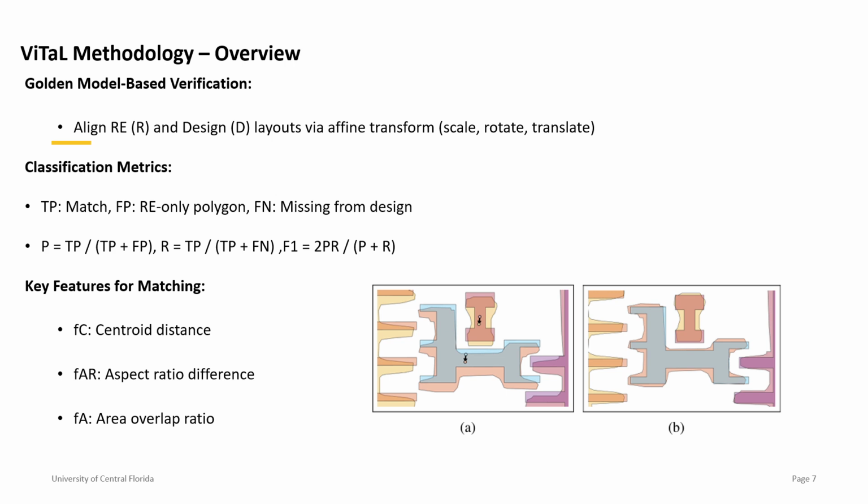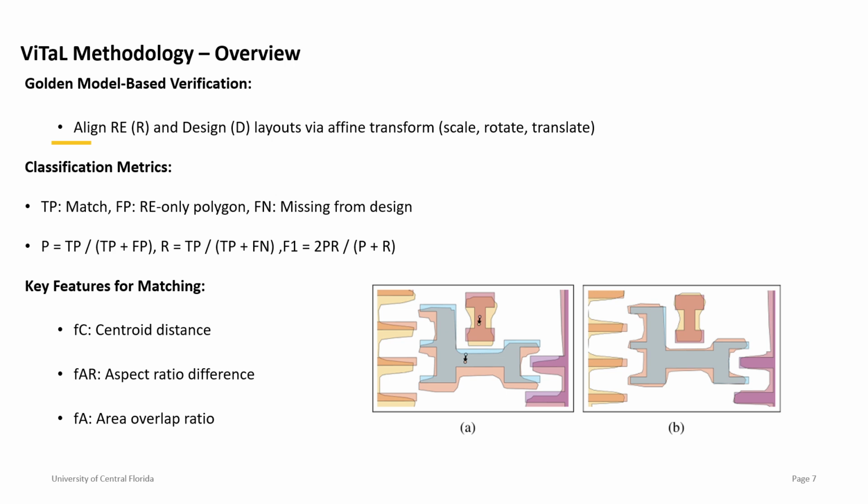Let's look at how VITAL works. The reverse engineered layout, called R, and the design layout are aligned using affine transformations. This handles differences in scale, rotation, and shift. Then the framework computes three polygon level features.